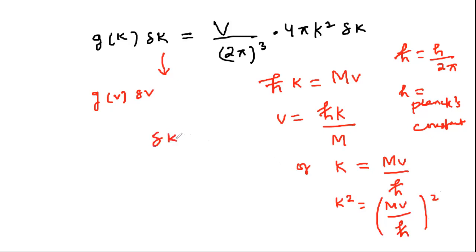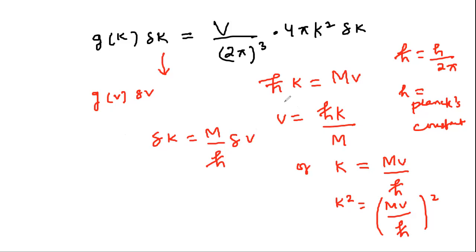Our delta K is M by H cross or bar delta V. Let me write it neatly. So delta K is M by H bar delta V.